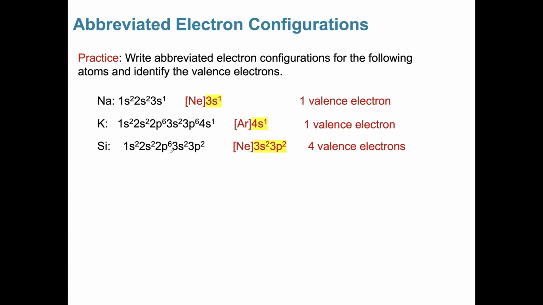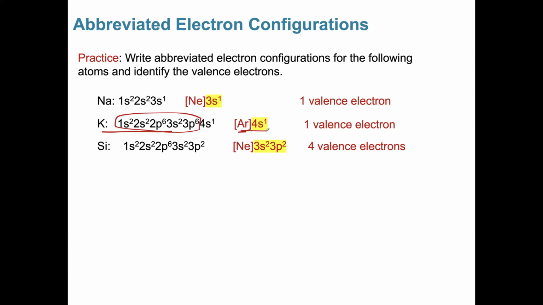Now if we look at potassium, potassium has the electron configuration of 1s2, 2s2, 2p6, 3s2, 3p6, 4s1. If we represent it using noble gas configuration, the noble gas before potassium is argon, and then we write the leftover 4s1. So that's your noble gas configuration.